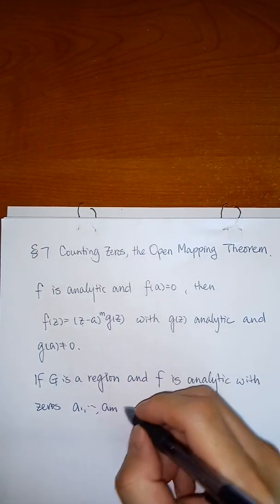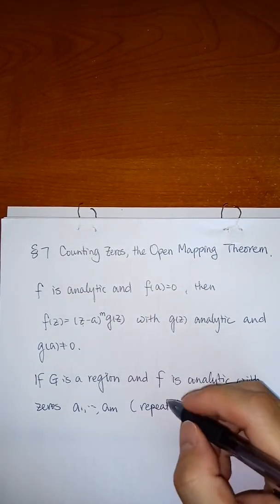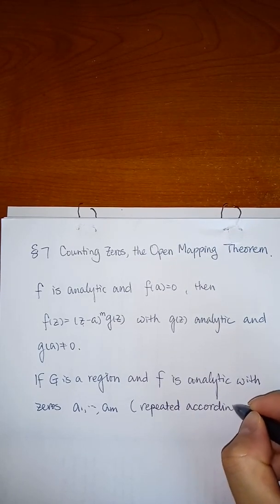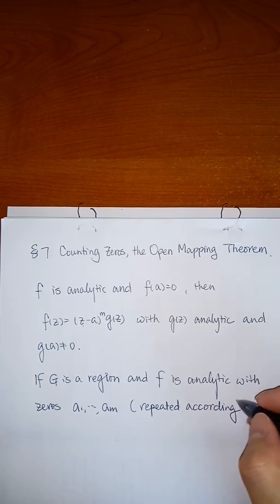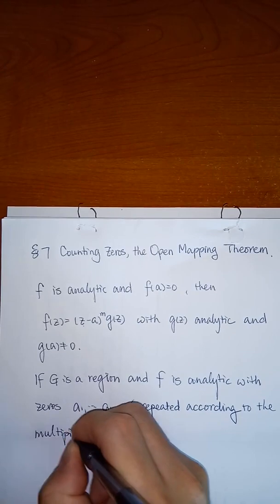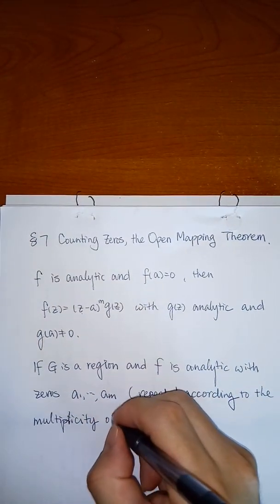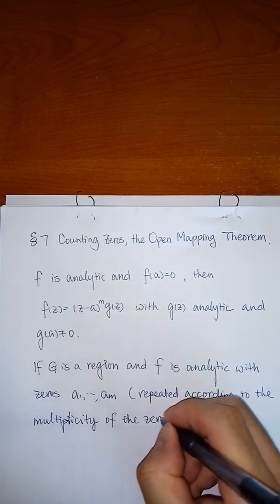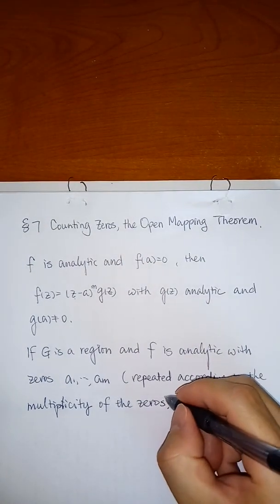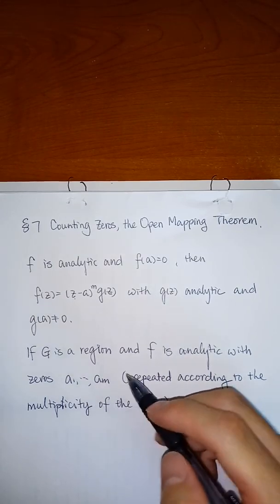We repeat them if it is repeated according to the multiplicity of the zeros. So possibly it's like a1, a1, a1, a1, and then a2, a2, a2, a2, a2.